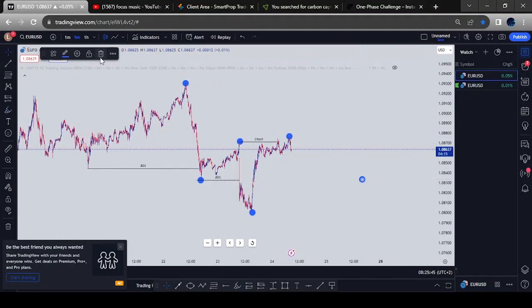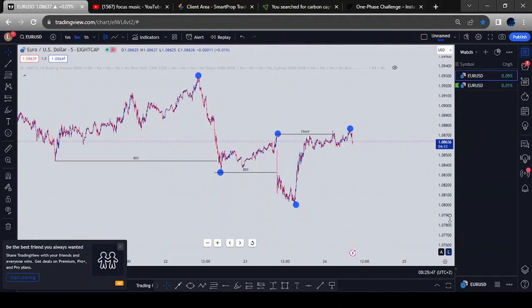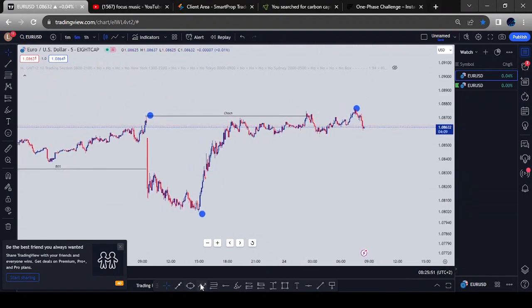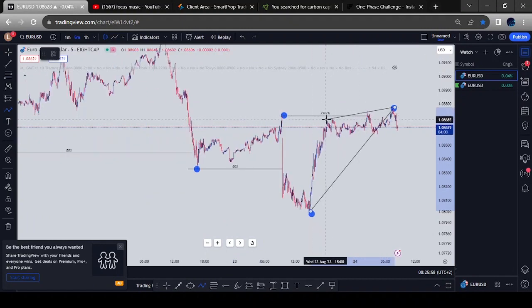So one way or the other, the last swing structure in this market is from this low to this high. Whether this was just a run of liquidity or a change of character, if it's a change of character, then we would expect market maybe to push down in here. A pullback of this swing structure needs to, one way or the other, occur.